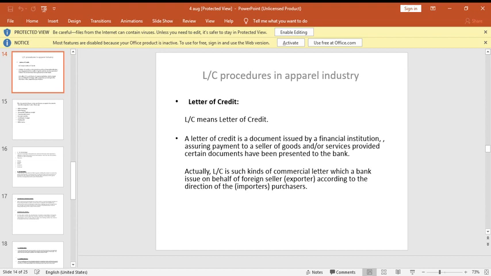We have learned the marketing mix, that is the 4Ps: product, price, place, and promotion. Then the different channels of distribution of the product we have learned.